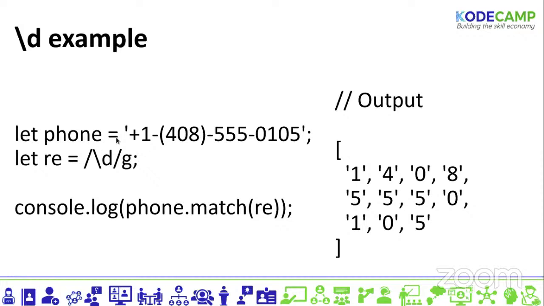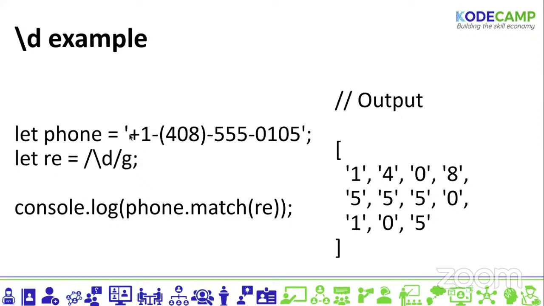If we say let phone number equals this, +1 040 855 5010 5, and we want to extract only the numbers from here, what you do is you write phone and say it should match digits globally. If you match digits globally, you see that it returns all the digits in this string.